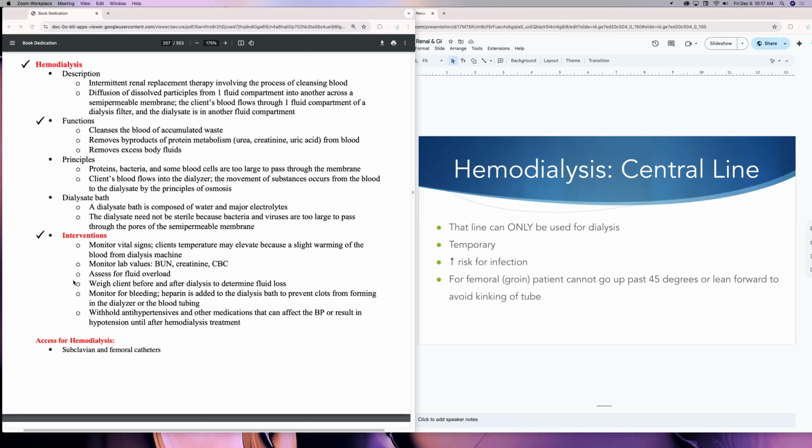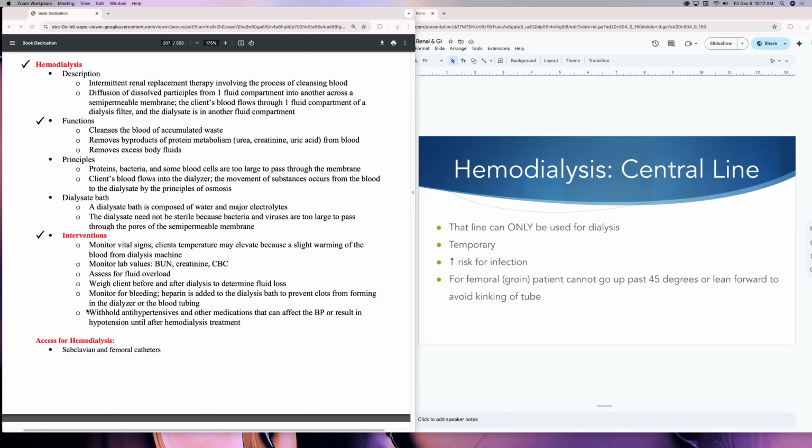You want to weigh the client before and after dialysis to determine the fluid loss. So we weigh them before they go to dialysis and after, so we can compare and say that they lost 3 liters of fluid through dialysis, right?